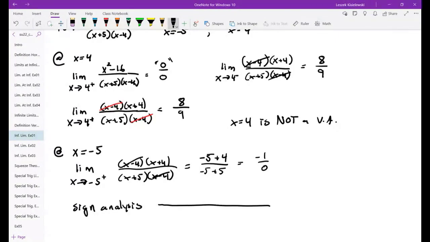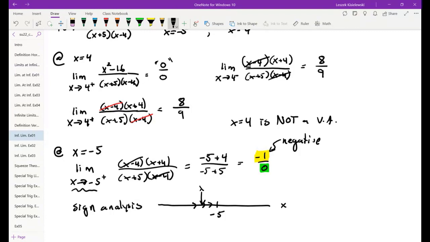Okay. So the numerator is clearly -1, right? It's negative. There's no question. Nothing to analyze there. But the denominator goes to 0, and we want to know whether that quantity in the denominator that's approaching 0 is a slightly positive quantity or slightly negative quantity. So we can look at -5 on the number line. Note that x is approaching -5, but from the left.